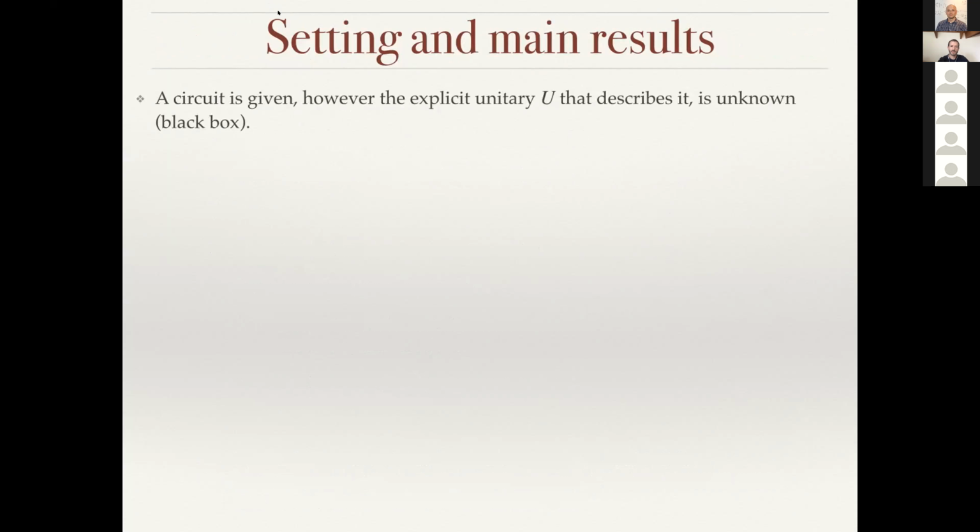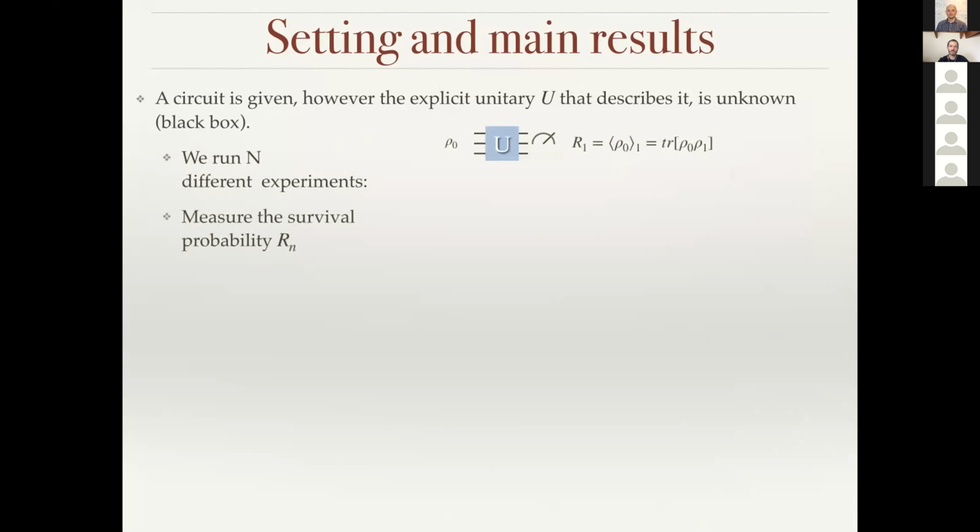So the setup of our method is the following. Given some unitary or a circuit, which is unknown to us, we run N different experiments. In the first experiment, we start from some known initial state. It could be mixed, but you can think about it as pure, for example the ground state.